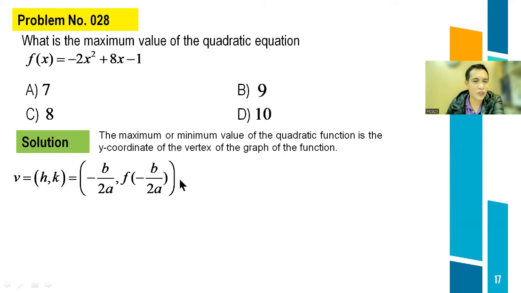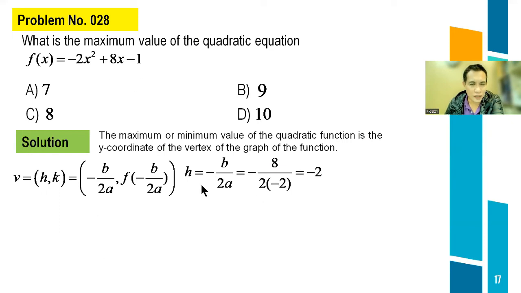By substitution, we know that this is a quadratic function, so negative 2 is our a, our b is 8, and our c is negative 1. We will solve first h, that's negative b over 2a. By substitution, we have the negative of 8 over 2 times negative 2, since a is negative 2. That's equal to 2.